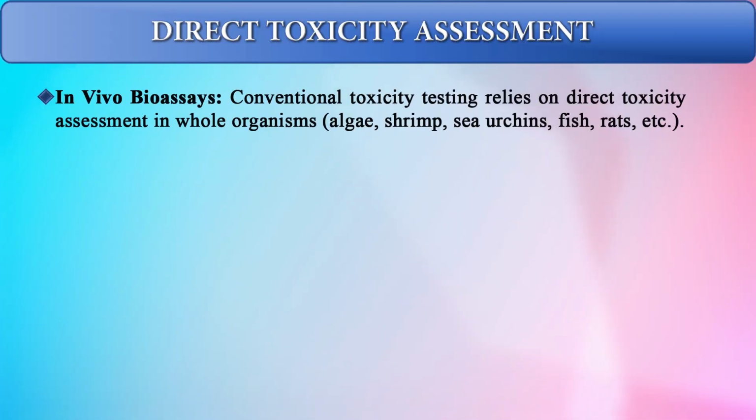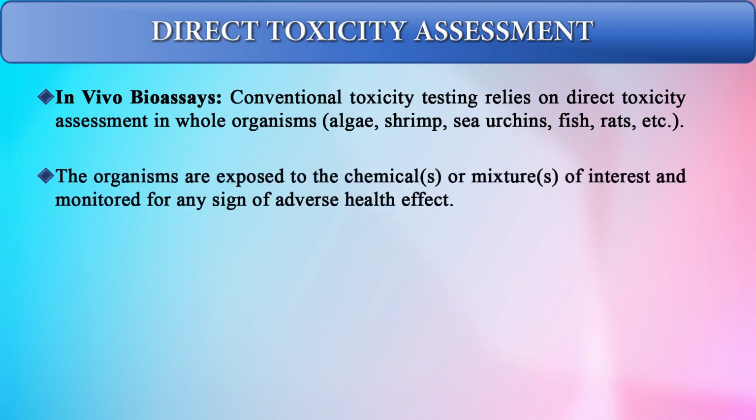The direct toxicity assessment can be assessed, number one, by in vivo bioassay. These are conventional toxicity tests which rely on direct toxicity assessment of whole organisms, whether it is alga, shrimp, sea urchin, fish, rat, etc. In this, the organisms are exposed to the chemical or mixture of chemicals and monitored for any sign of adverse effect.